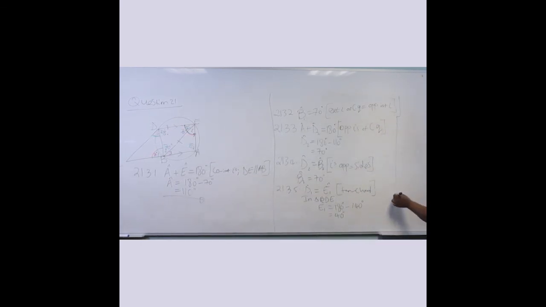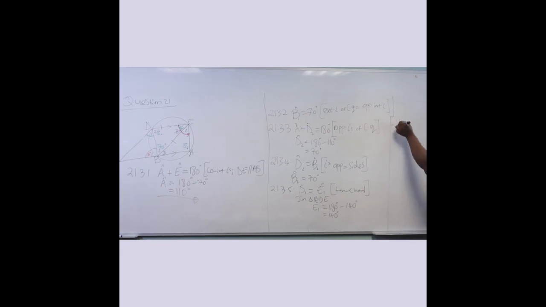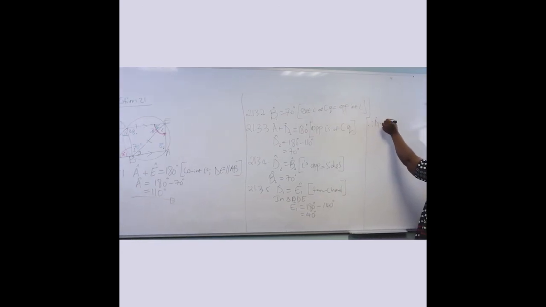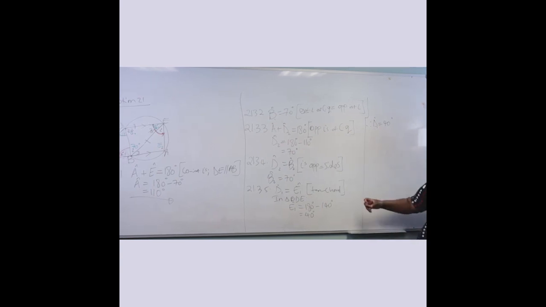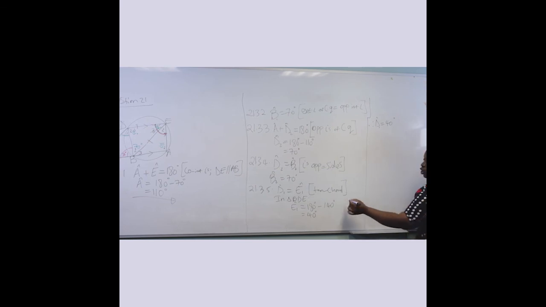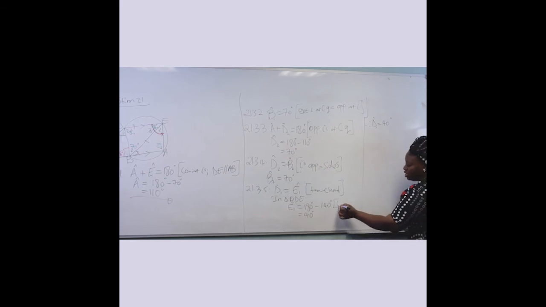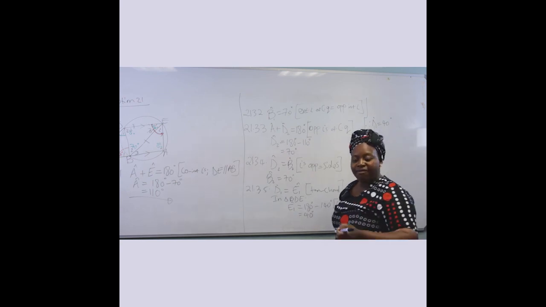So let's write it like this. Therefore, D1 equals 40 degrees. You need not put the reason again because you've already done that for D1 and E1. However, you must put a reason for doing that, which is the angles of a triangle. This is geometry. Everything you do must have a reason.